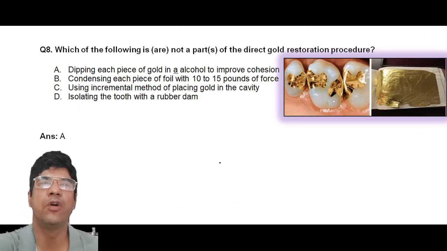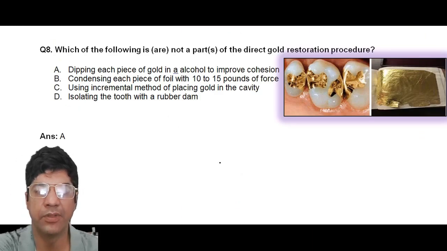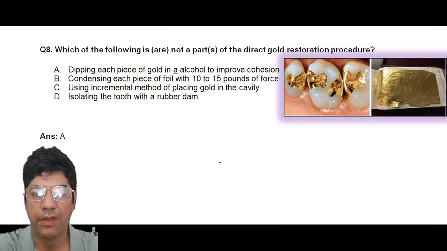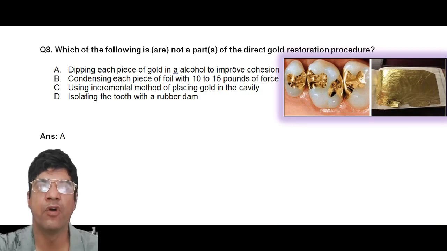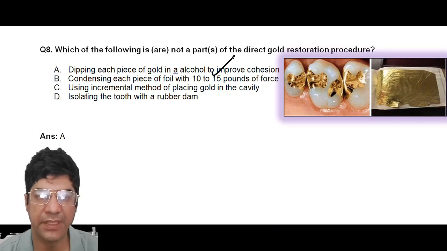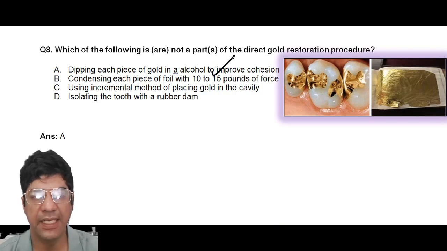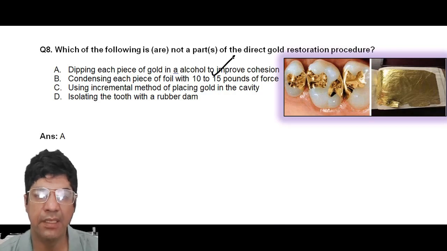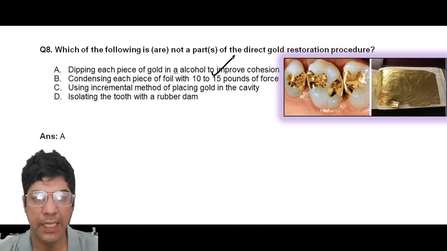Which of the following is not a part of direct gold restoration? Dipping each piece of gold in alcohol to improve cohesion is not typically a part of the direct gold restoration procedure, whereas condensing each piece of foil with 10 to 15 pounds of force is the required force that you need.